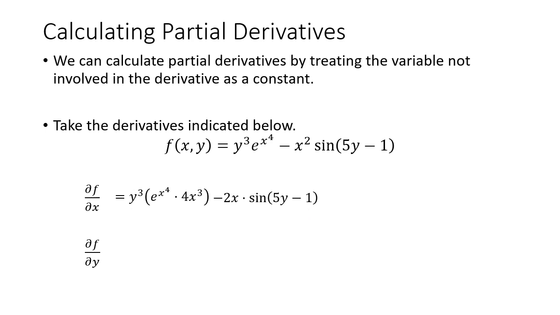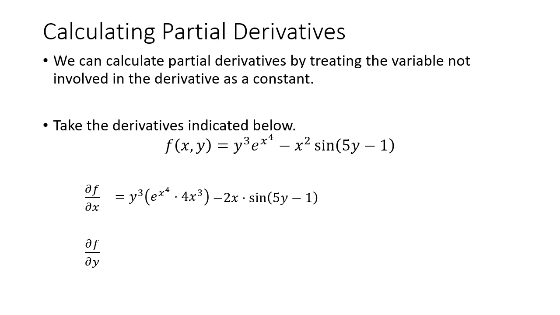Now let's take a look at the partial derivative of this function with respect to y. For the first part, when we take a partial derivative with respect to y, all x's are treated as numbers. So if x is a number, then x to the fourth is still a number, and e to a number is still a number, so the entire e to the x to the fourth is a number.